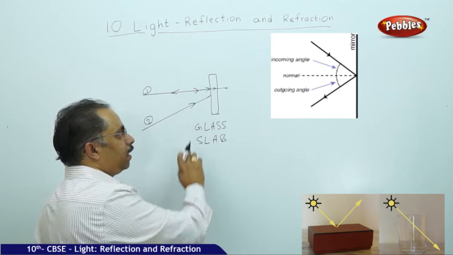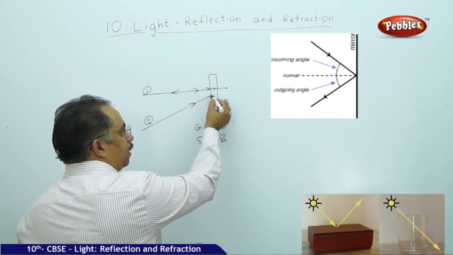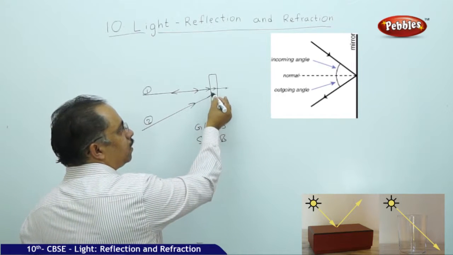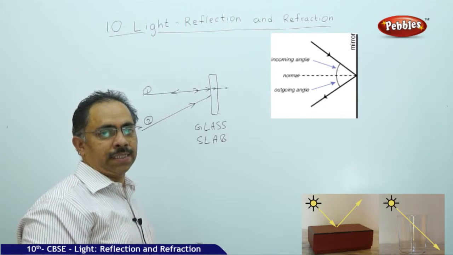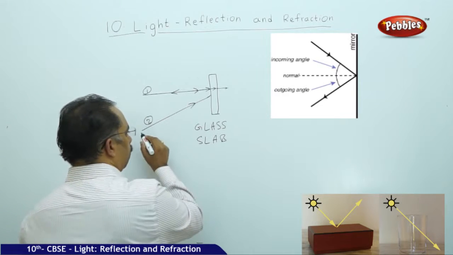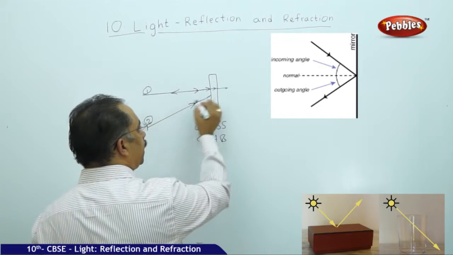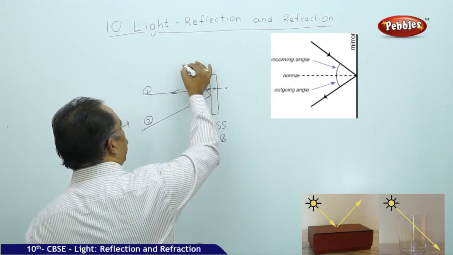It is incident in a slanting direction. And the point at which it is incident is called the point of incidence. Similar to a ball, if it is hitting, it will not come back in this direction. It will go in a different direction.